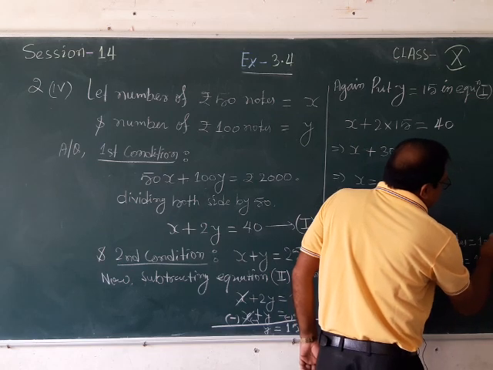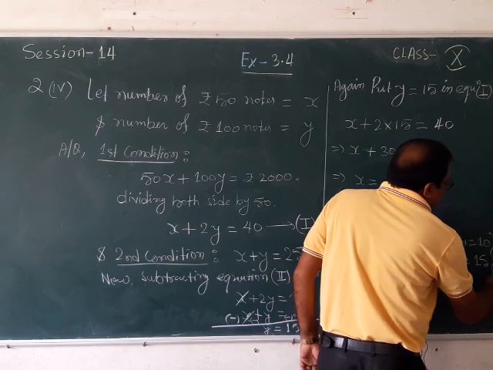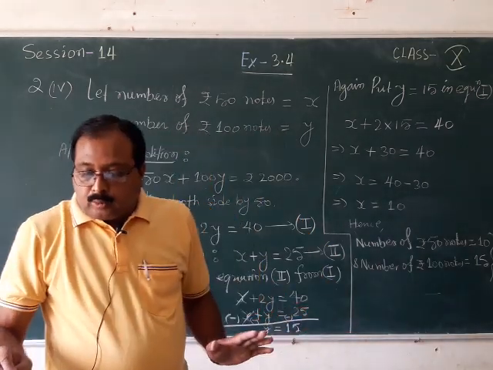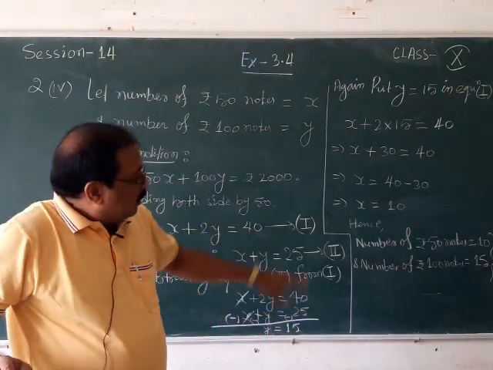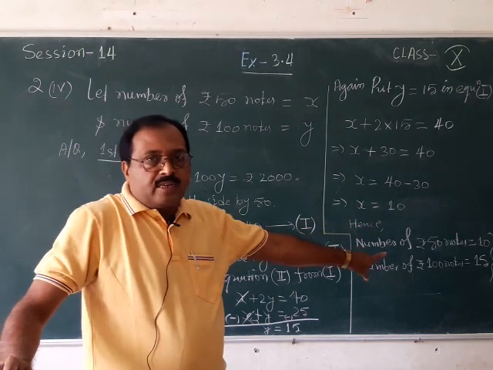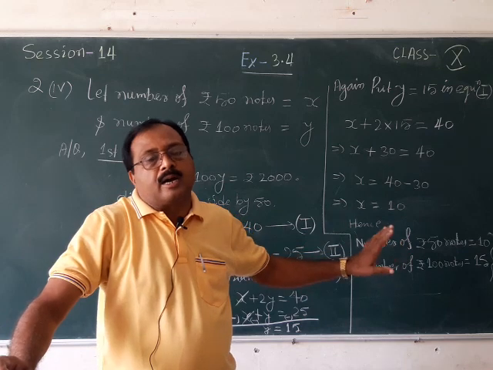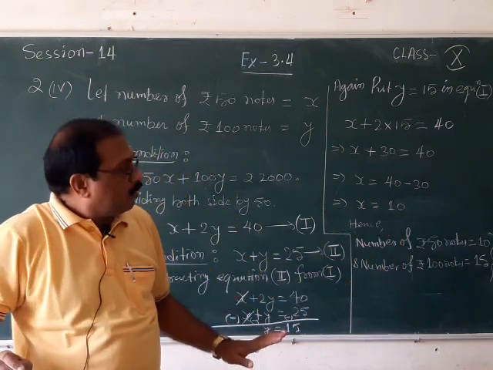So our answer has come, that is 10 and 15. So Meena has got 10 notes of rupees 50 denomination and 15 notes of rupees 100 denomination. This is the answer of this question.